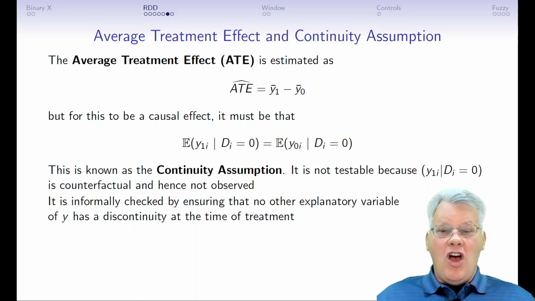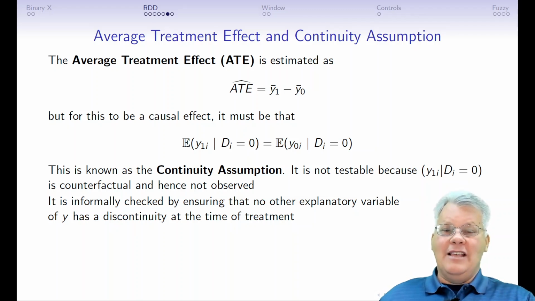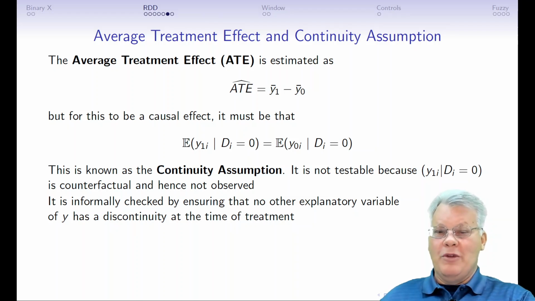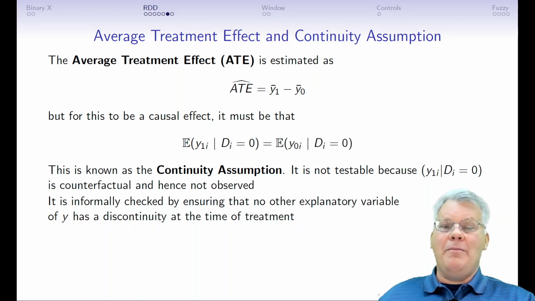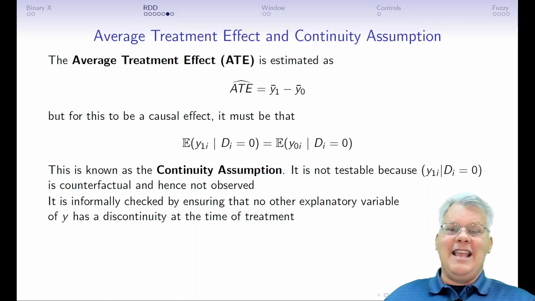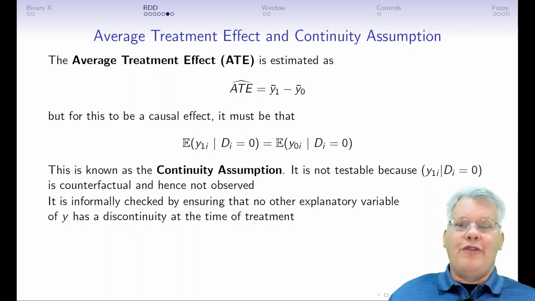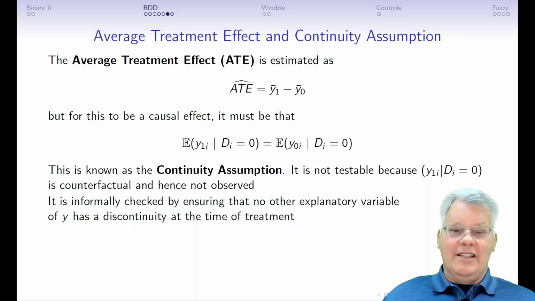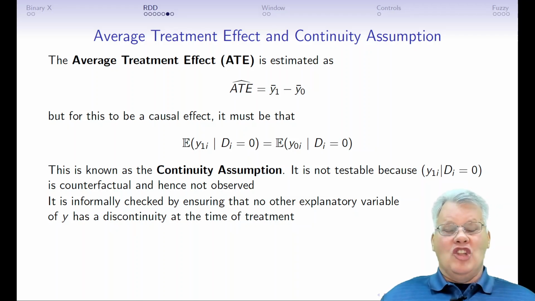But for this to be causal, it must be that the expected value of subject i's outcome in the post-treatment world, given they have not been treated, is the same as their pre-treatment outcome given they have not been treated. And this is known in the causal inference literature as the continuity assumption. And it's not directly testable because the counterfactual state of the world is not observed.